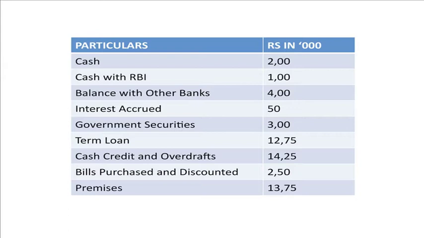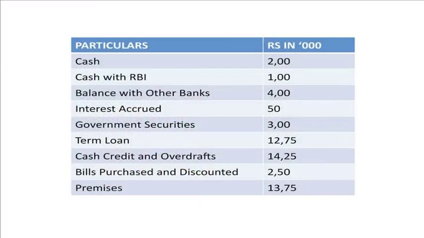Term loans, cash credit and bills purchased and discounted are all part of schedule 9, that is advances. We know that in the balance sheet of a bank, advances form a major part. We sometimes need to prepare a provision for it as per the guidelines provided in the master circular of RBI. Premises will go in schedule 10, it is 13 lakh 75,000, for fixed assets.